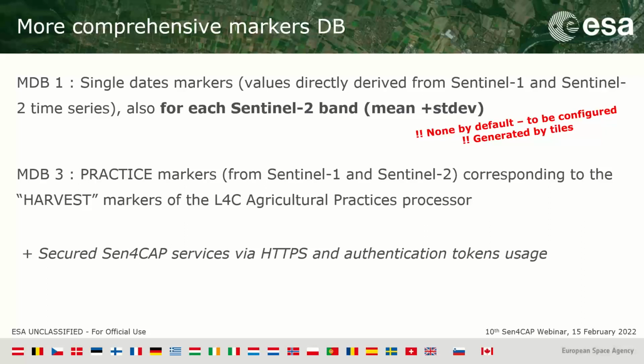So it was the L3B and so on. Those Sentinel-2 bands are configured by tiles and they are not there by default in the system, so they need to be configured for each band separately. And this will be the case for the new markers that will also be implemented in the system.